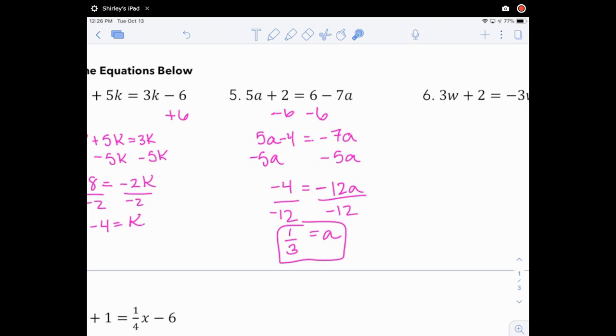So you wanna watch, because it's a -7a, so you don't wanna subtract that, you wanna add that as your first step. That's the same thing I have to say to Rose. So this is -7. I don't subtract 7 to get rid of it, so it's the opposite of -7. So 5 plus 7 gives me 12.